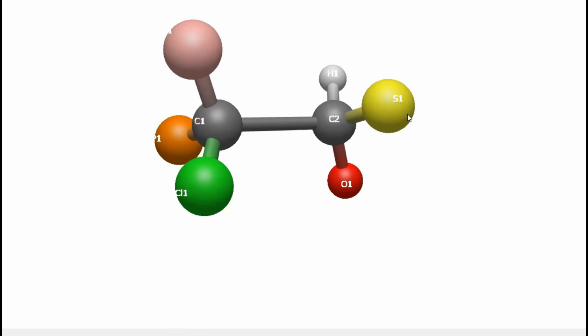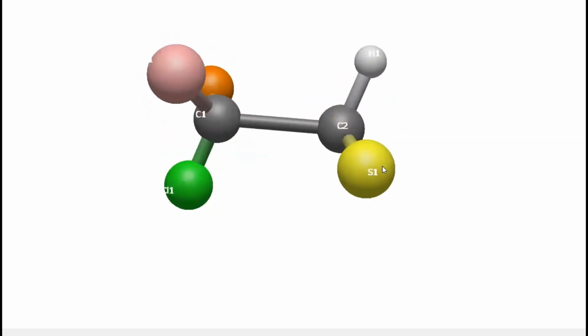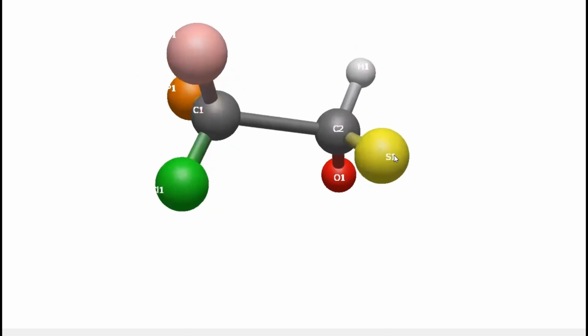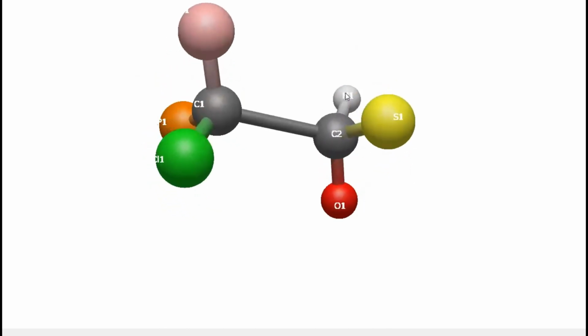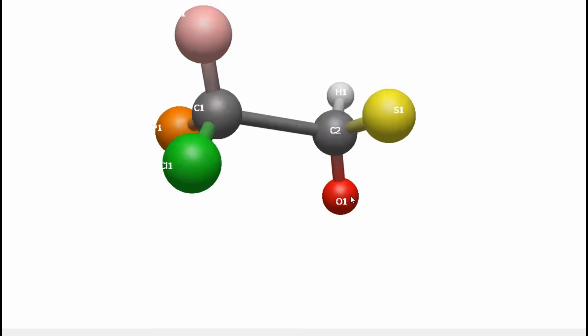And then at the back one, again, the yellow one is coming towards me. You can see that here it's coming towards me, right? And the white one, again, is going away from me. And the red one is at the bottom, correct?